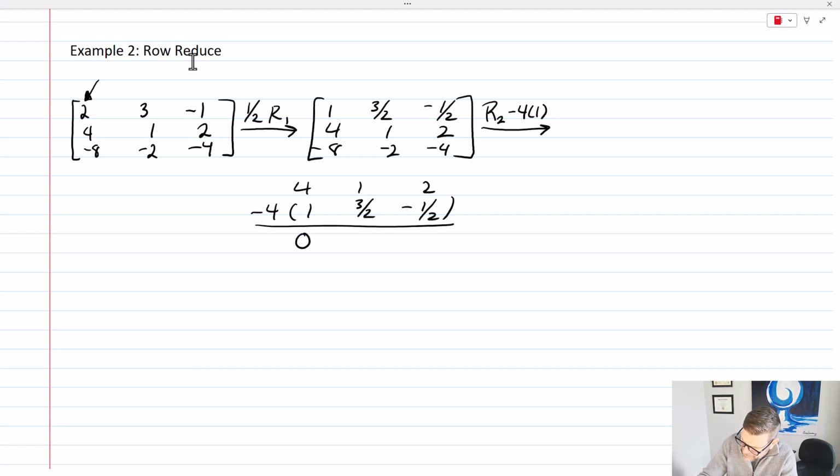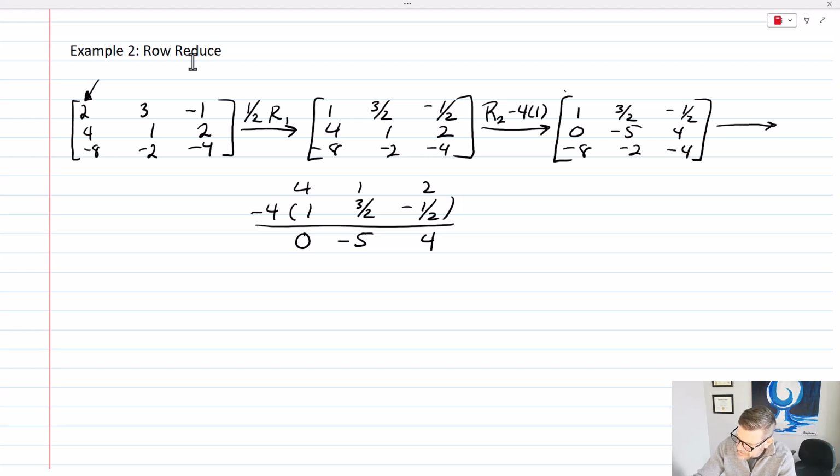So this is going to be 0. 4 minus 4 is 0. Now we have 1 minus 6. So this is going to be negative 5. And then we'll have 2 plus 2, and that's going to end up being 4. So our new matrix is going to be 1, 3/2, negative 1/2, 0, negative 5, 4, and then negative 8, negative 2, negative 4.